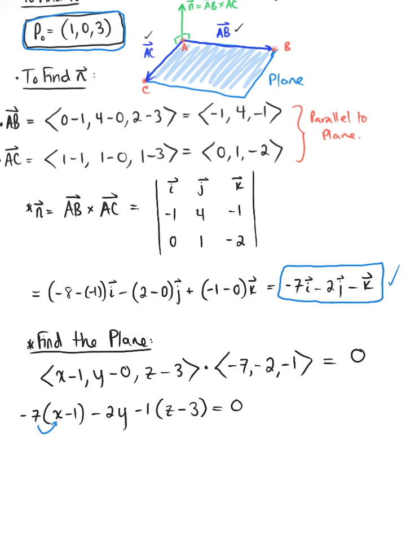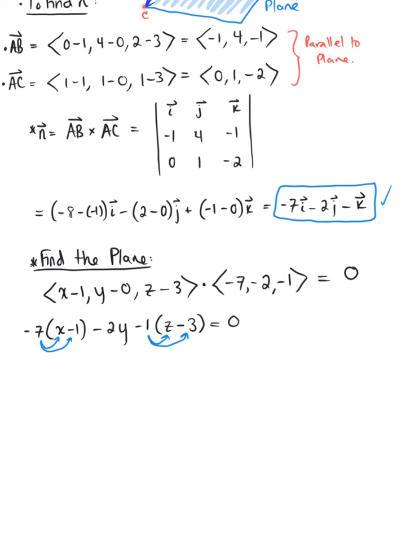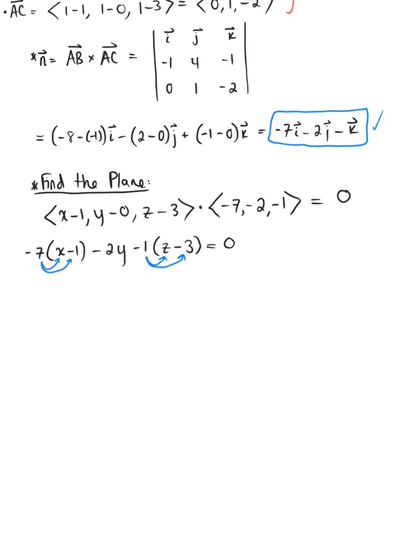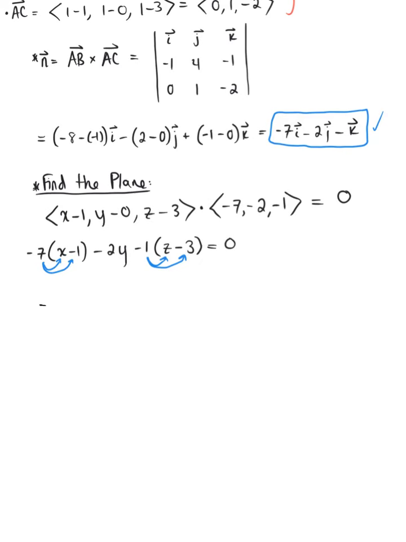We'll distribute these coefficients through and then group up our like terms. So here we go. We have -7x plus 7 minus 2y minus z plus 3 is equal to 0.